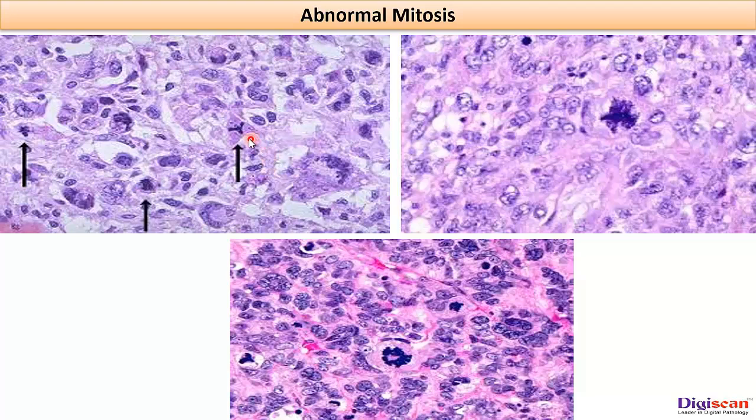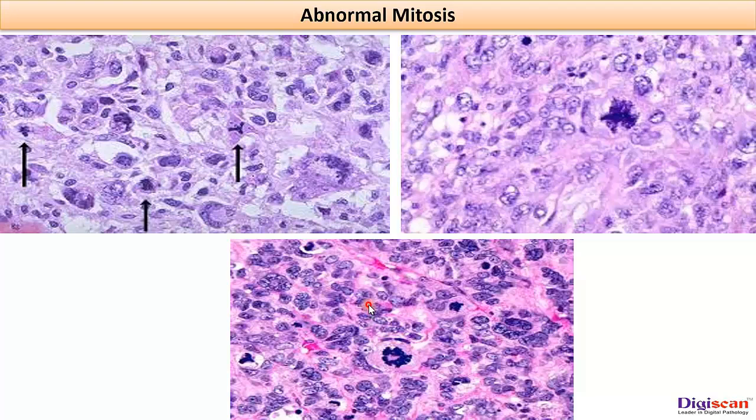They can form a tri-star mitotic figure. They can form an absolutely irregular mitotic figure. They can form a round irregular mitotic figure like here, and here we have a very dense chromatin mass just in the center, and this is a ring-shaped mitotic figure. So abnormal shapes of the mitotic figures are called abnormal mitosis, and this is a sign of malignancy.